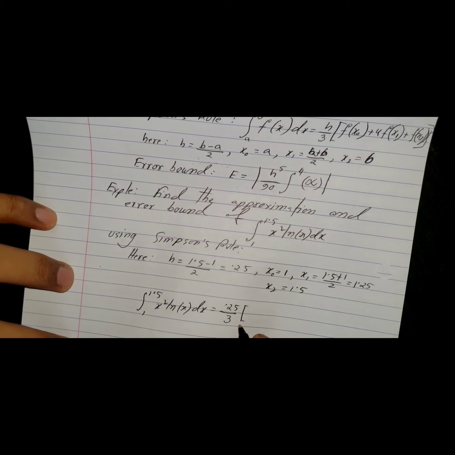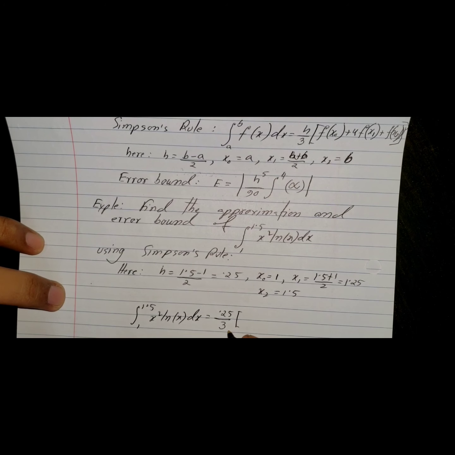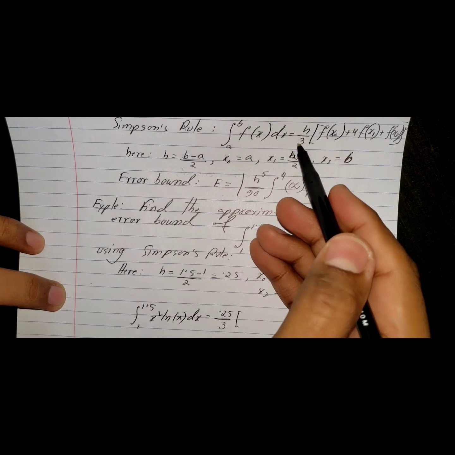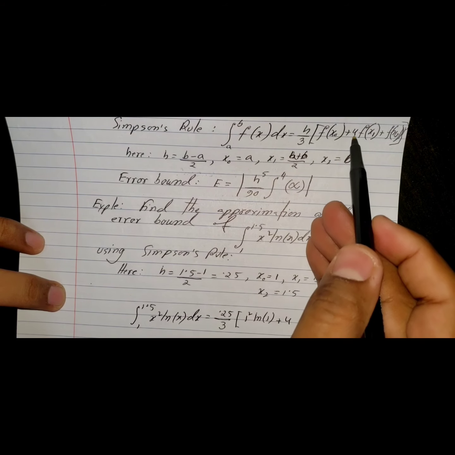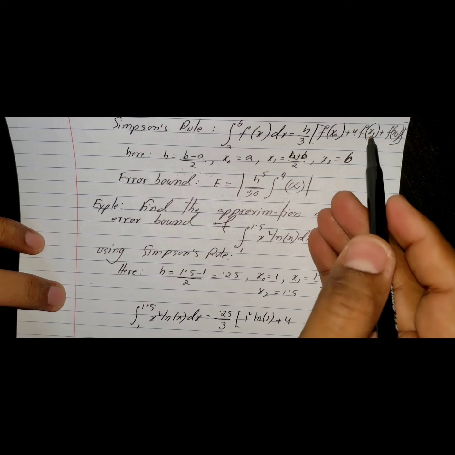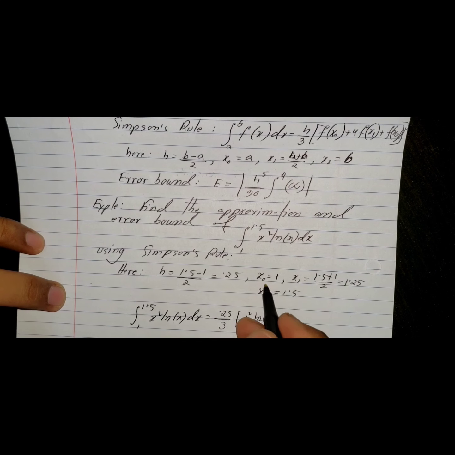if you can see the equation so that you know how I'm plugging the values. Yeah, so 0.25 by 3. Now my f(x0) is, x0 is 1, so plugging in the equation here, that gives you 1 squared ln 1 plus 4 of the formula at x1, so your x1 is 1.25.